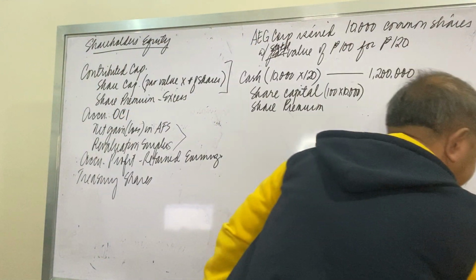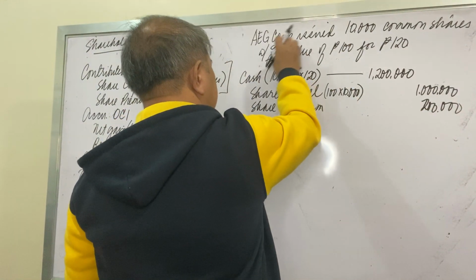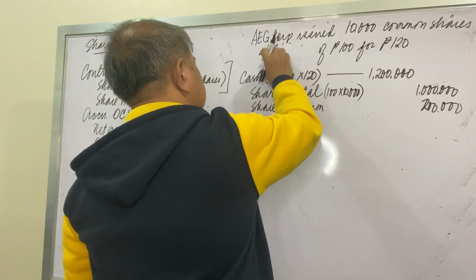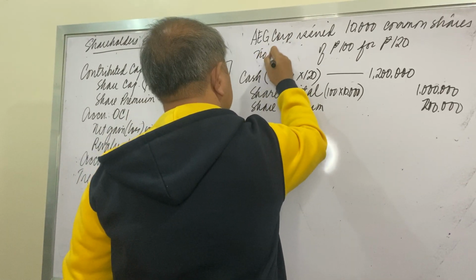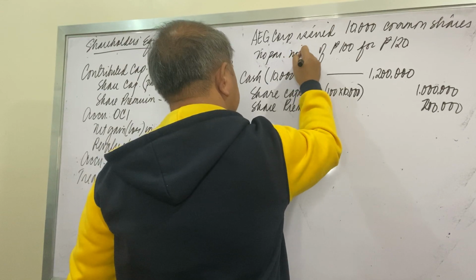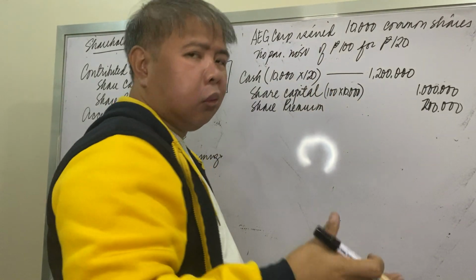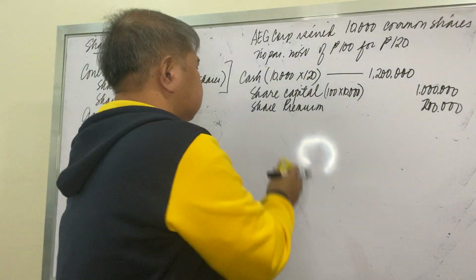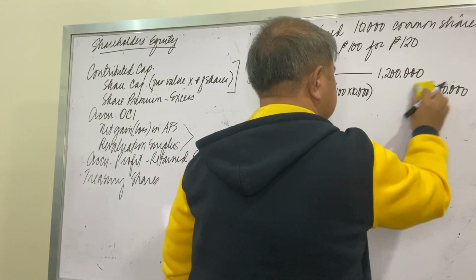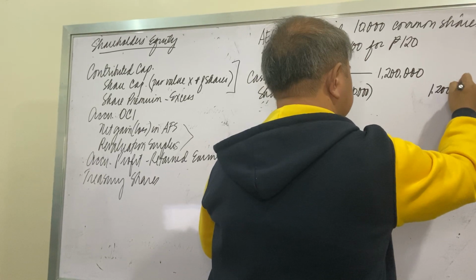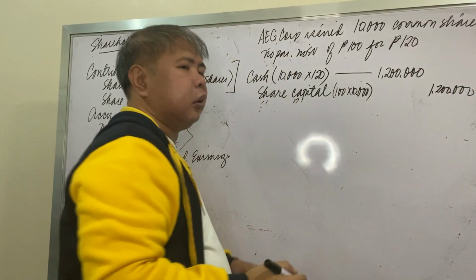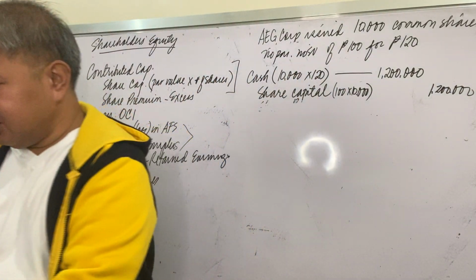What if, third one, this is a no par, no stated value share? If this is the case, then the whole consideration will be credited to share capital. So you will not have the premium. You will have 1.2 million as part of your share capital. So that is how you record transactions affecting the issuance of shares.